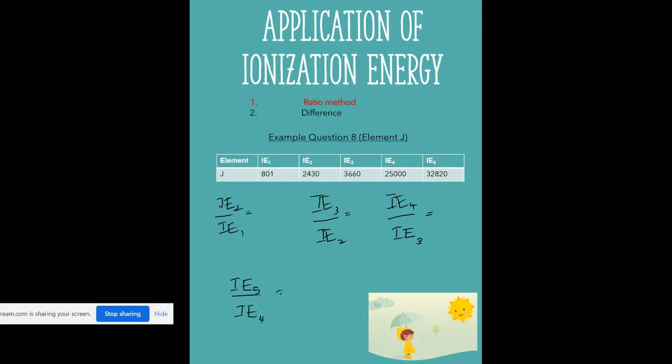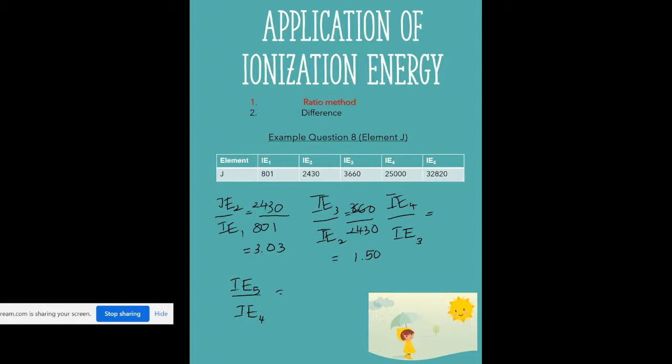Now, the values are 2430 over 801, plus the unit, and if you calculate, you will get around 3.03. IE3 over IE2 is 3660 over 2430, and you will get a value around 1.50.